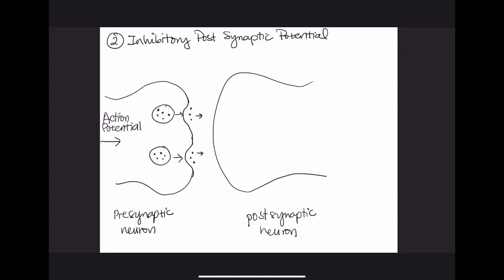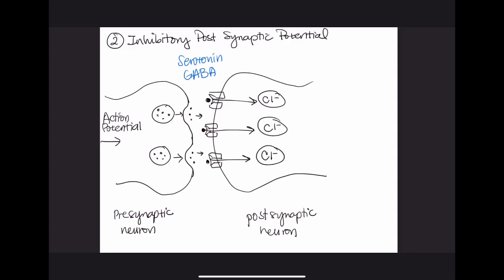In this case, however, we have different types of neurotransmitters, such as serotonin and GABA, which are the main inhibitory neurotransmitters. When they attach and bind to the receptors, they will open the ion-gated channels, which will allow an influx of chloride ions in, making the membrane potential more negative.